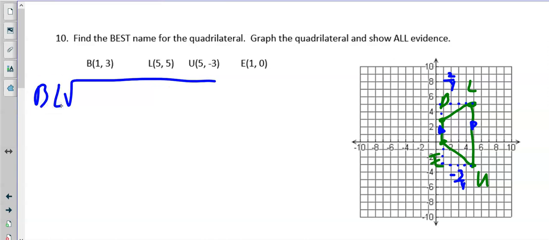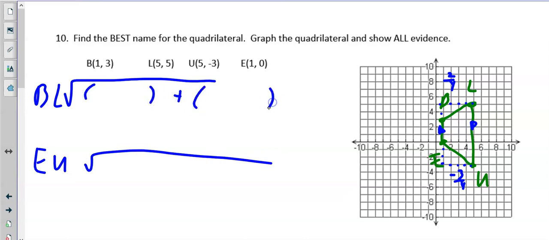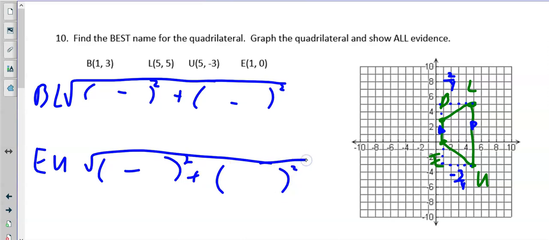is a different length than EU. This will not take long. We know it's a trapezoid. We're just trying to prove it's not isosceles. So BL, so that's going to be 1 and 5 and 3 and 5.